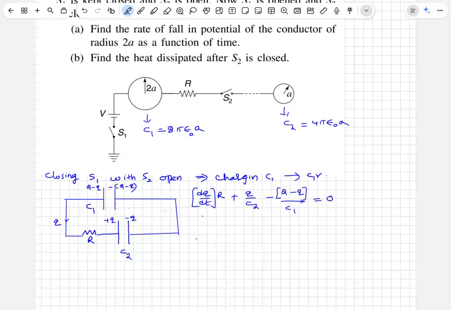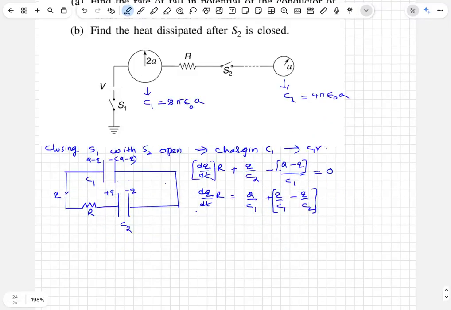So which clearly indicates dq by dt times r is minus of minus plus. Okay, total minus kada.